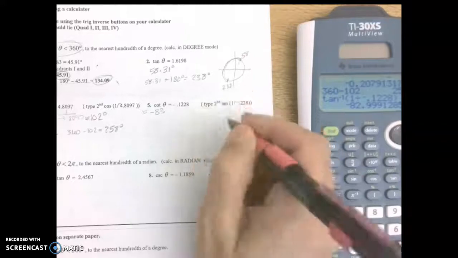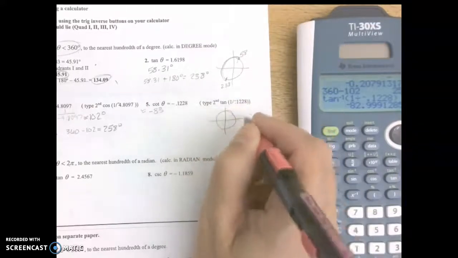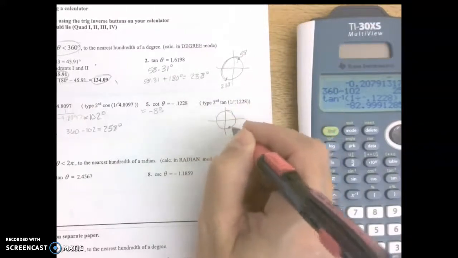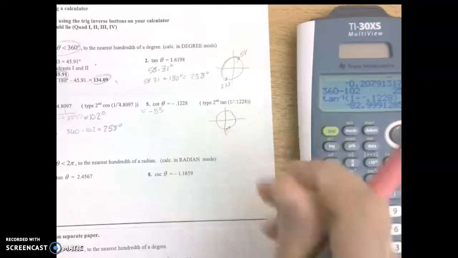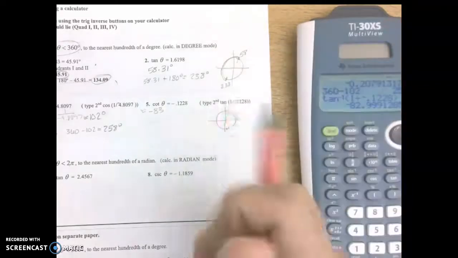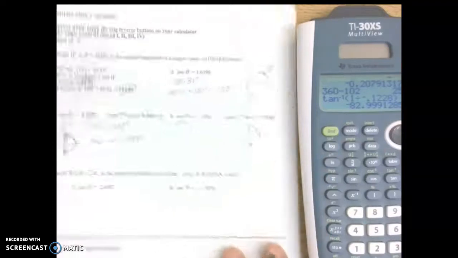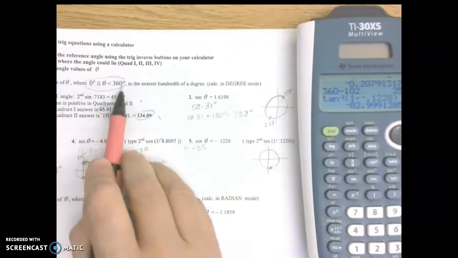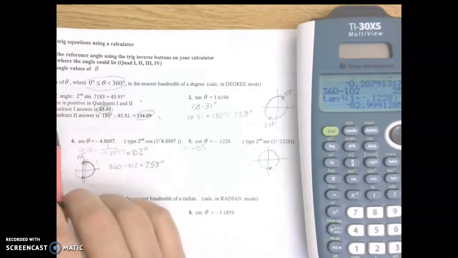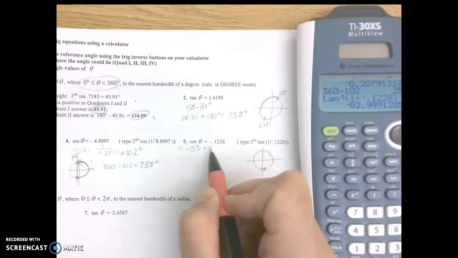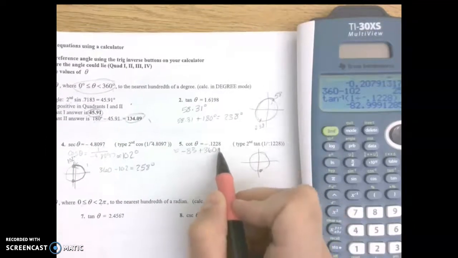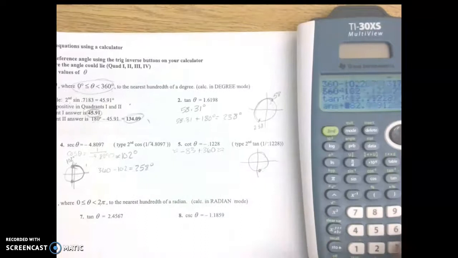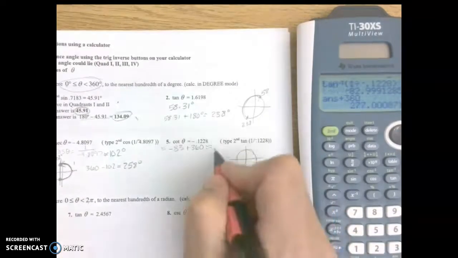Okay, so in my unit circle, negative 83 is about right there. Maybe closer to 90. How would I go about finding a positive angle? Because remember, I need from 0 to 360. So if I add 360, that gives me a coterminal angle of 277.